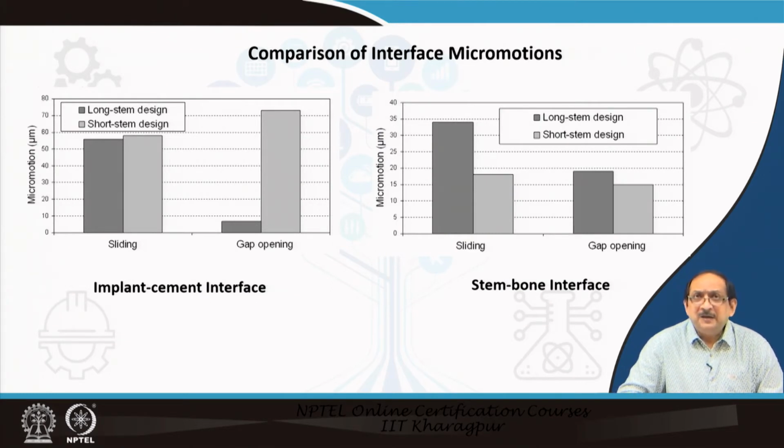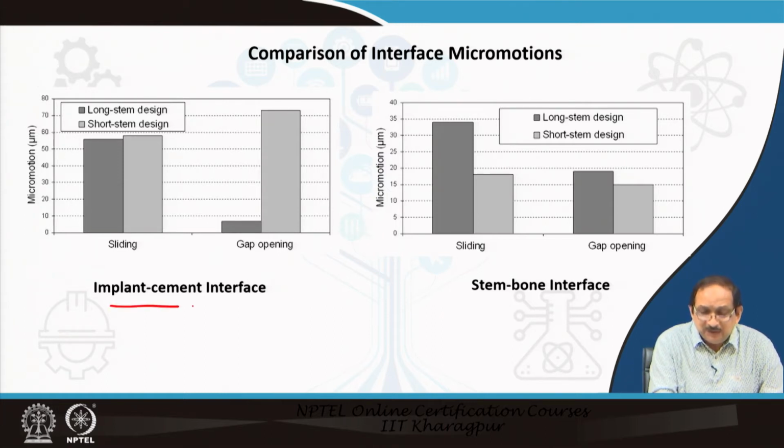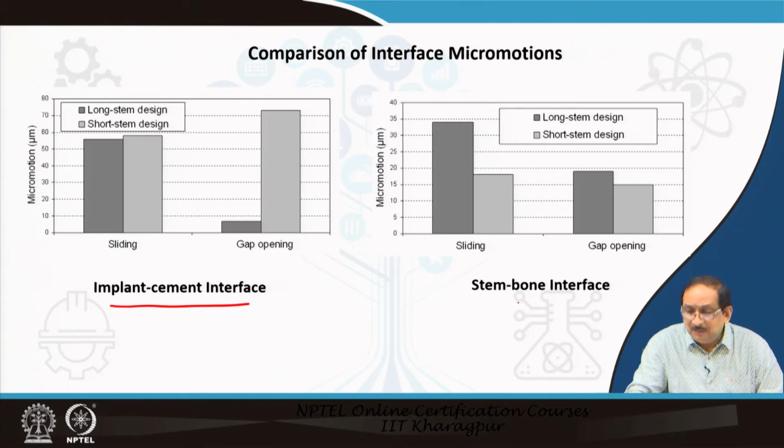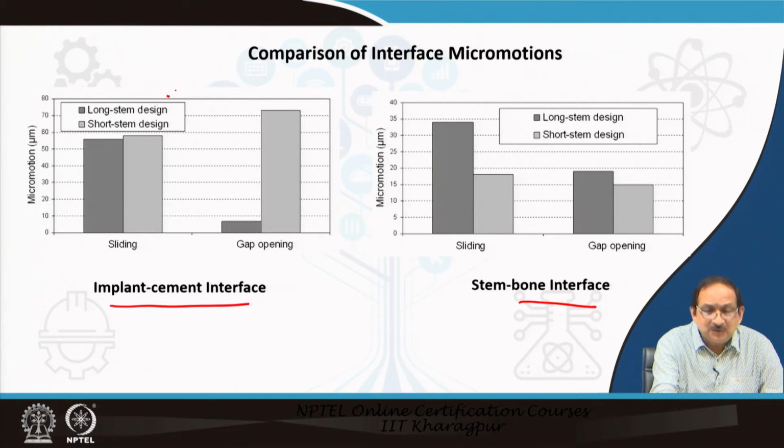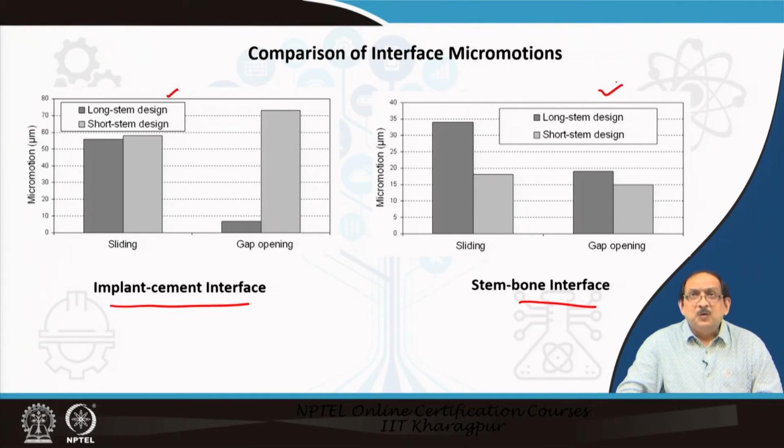Now, if we compare the interface micromotions at the implant-cement interface and the stem-bone interface for the long stem design and the short stem design, we observe certain differences as indicated in the slide.